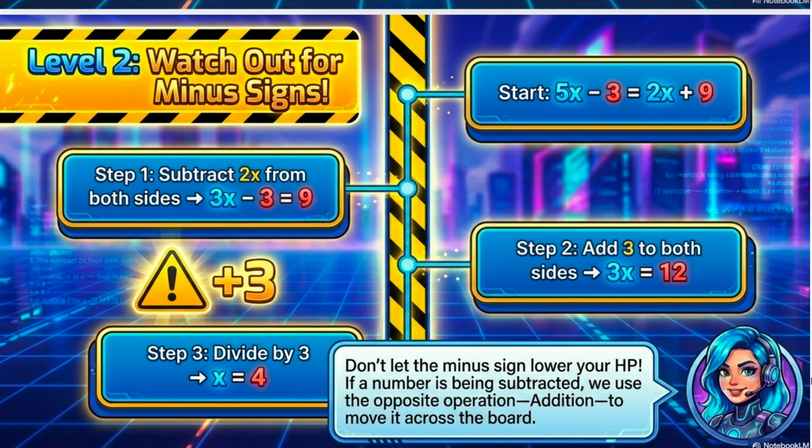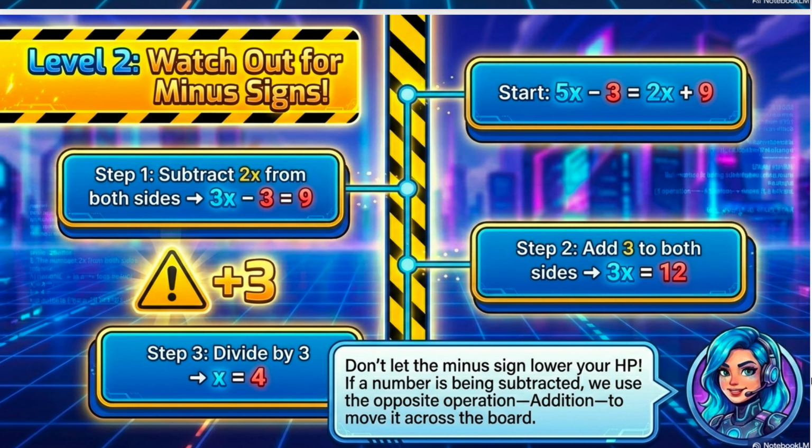Now, let's look at 5x minus 3 equals 2x plus 9. First, subtract 2x from both sides so the variable terms are together. That gives me 3x minus 3 equals 9. Now I want to get rid of the minus 3.